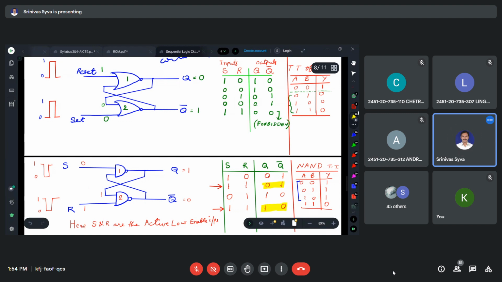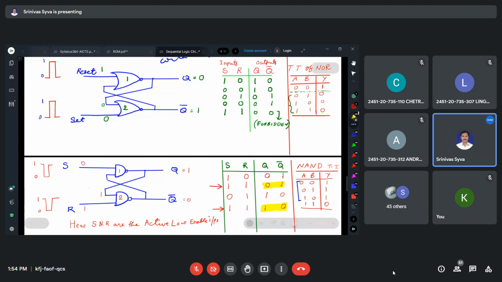It depends on the order in which the inputs are applied. Here, after S is equal to 0 and R is equal to 1, you see this one. So here it is different.